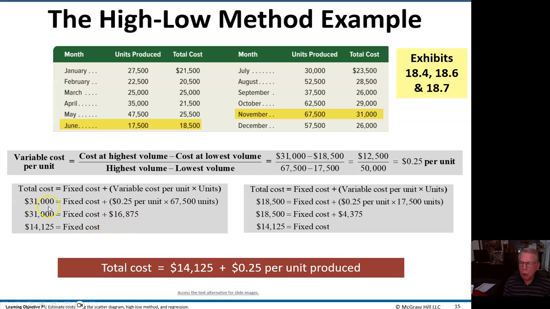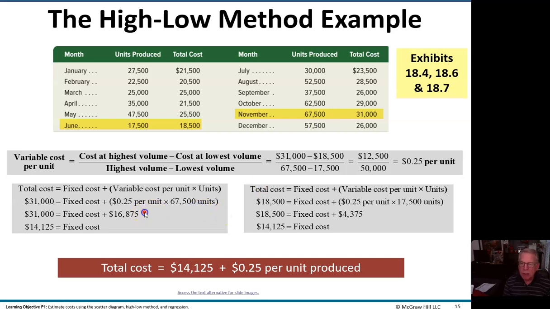Okay. So my equation then is total costs is equal to fixed costs plus variable costs. That 25 cents per unit is my variable cost. So here's my fixed, I know my total cost of 31,000 at the high point here. And I also know I don't know the fixed cost, but I can estimate the variable cost by taking 25 cents times the 67,500 units here.